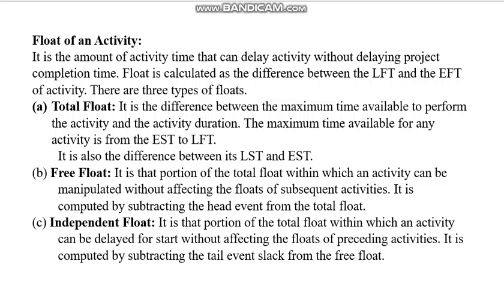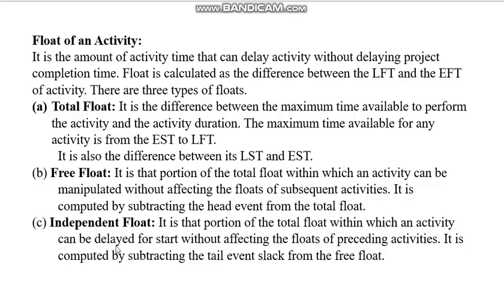So how much time is there for us to delay so that the subsequent activities are not affected? That is called free float. You compute it by subtracting the head event slack from the total float. This way you can find out the free float.